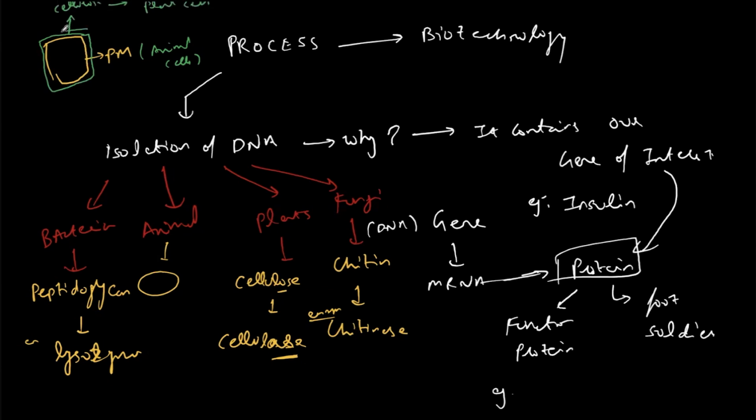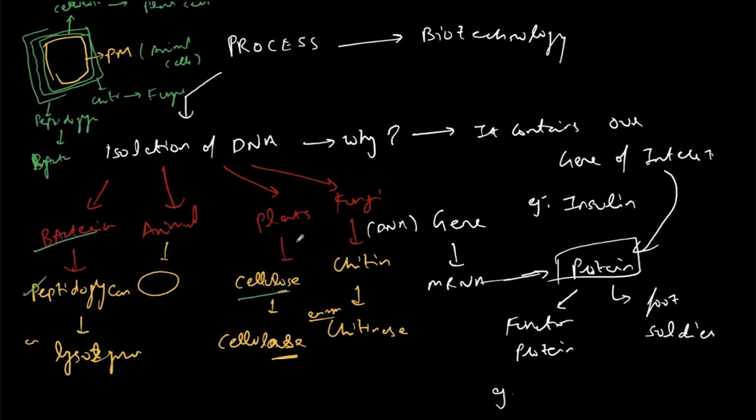If the extra layer is made up of chitin, then it is a fungus. If it is made up of peptidoglycan, it will be a bacterium. So every organism has this plasma membrane in common, but there is a special covering of the cell, which is very important. If it is made up of peptidoglycan, it is bacterial.